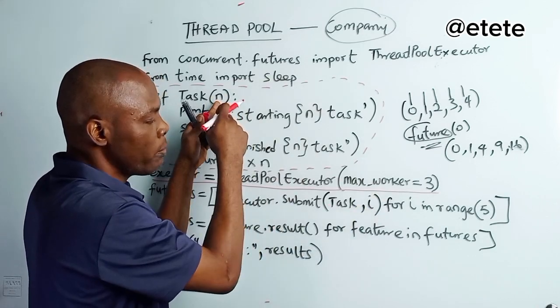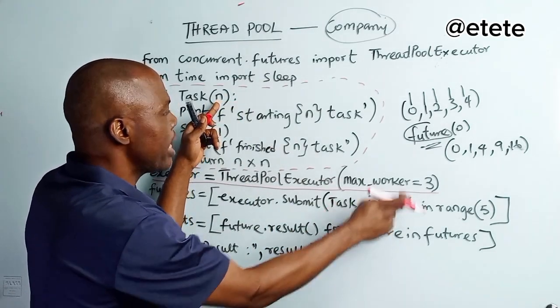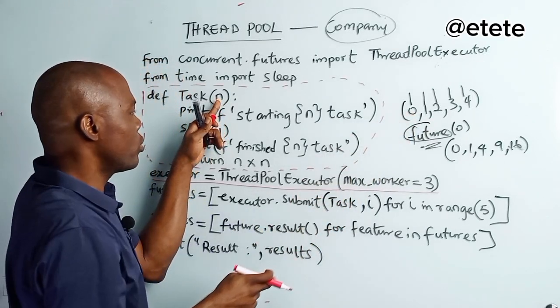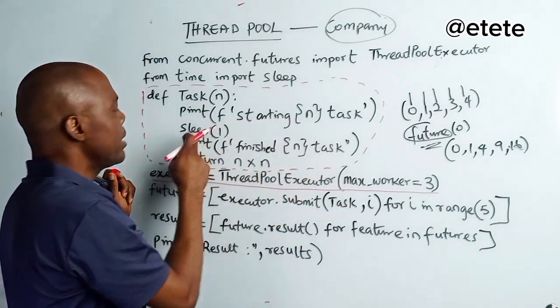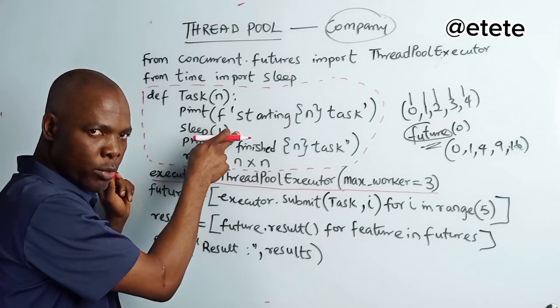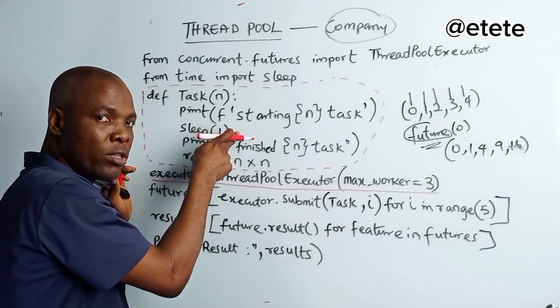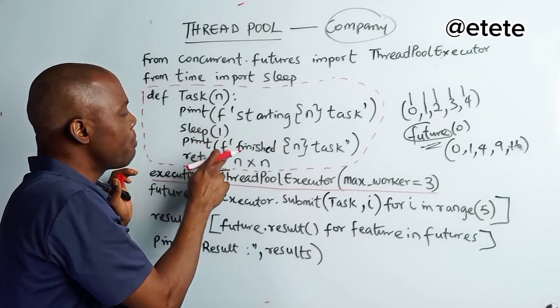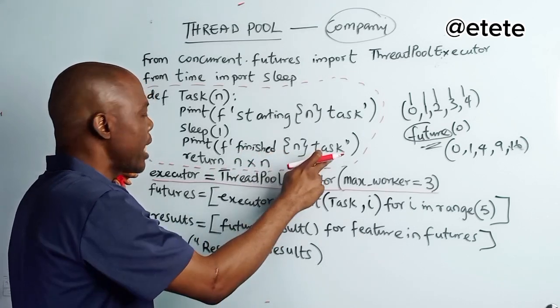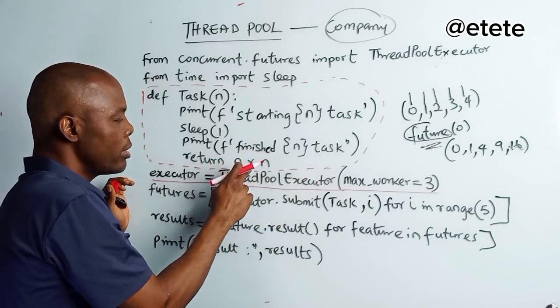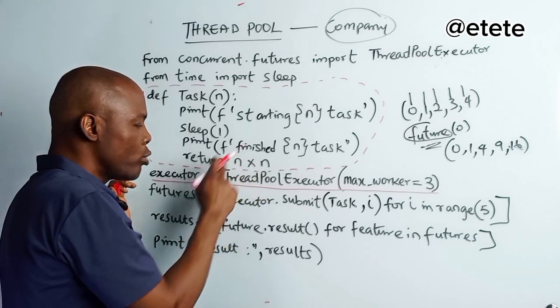That's what I'm going to supply to it. So I'll supply 0 to this n. Then it will print starting n task, then sleep for 1 second, simulating the performance of that task. Then print finish n task, which is finish 0 task. Then return 0 times 0.